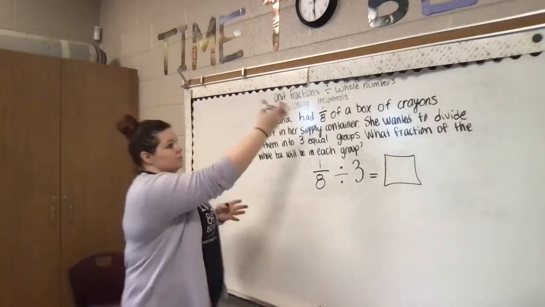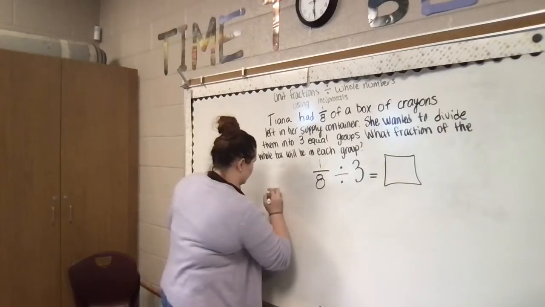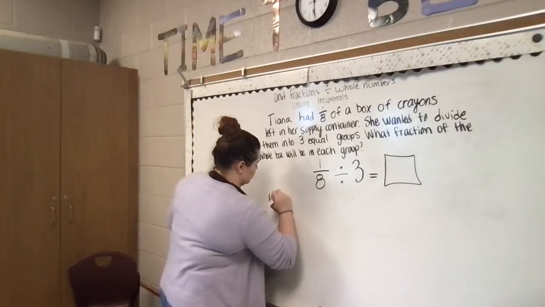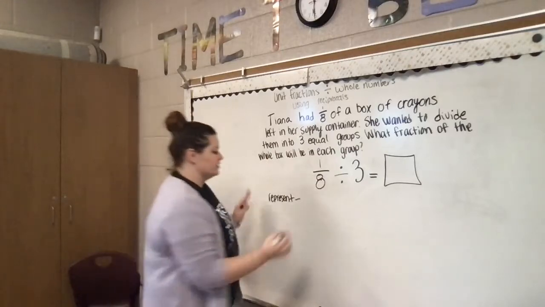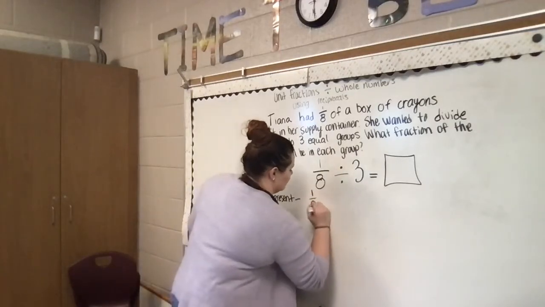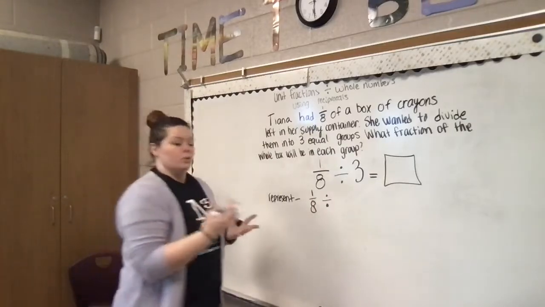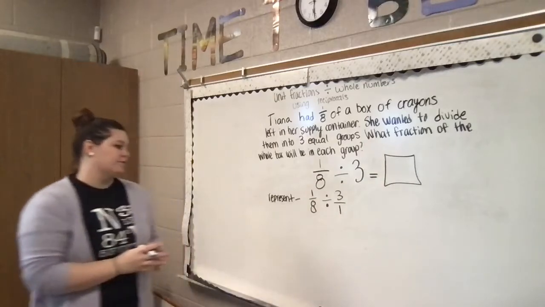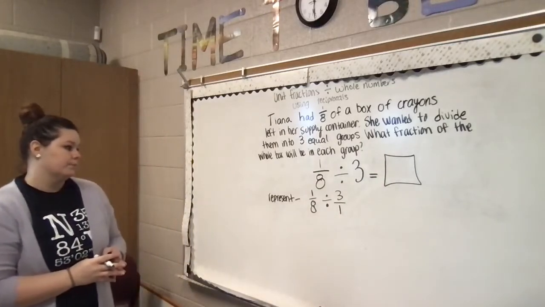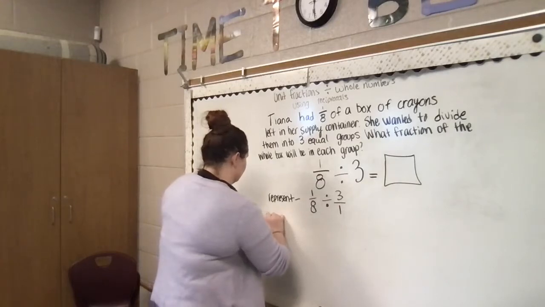Using the reciprocal strategy, the first thing we need to do is to represent each number as a fraction. We already have 1/8 as a fraction. So 1/8 divided by, and now we need to represent 3 as a fraction. We know we can do that by just putting it over 1. 1/8 divided by 3 over 1. Now we can find the reciprocal of the second fraction.